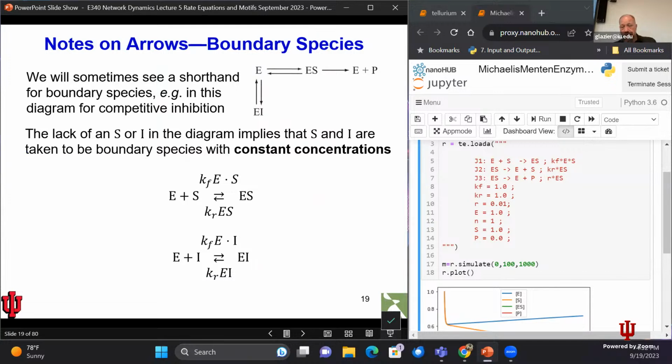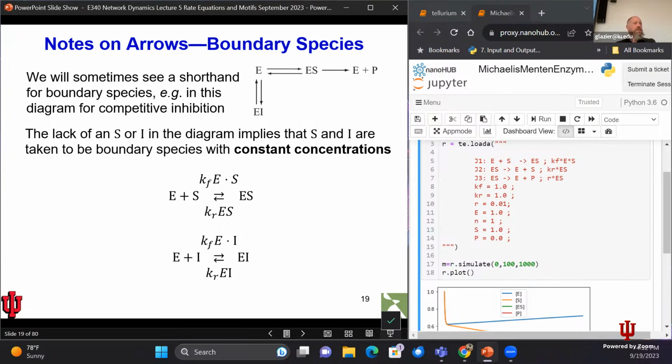There's some more notation here. I don't want to belabor this too much, but sometimes you'll see chemical reactions that look like E goes to ES and backwards, ES goes to E plus P, and they've basically forgotten to put the E plus S in.